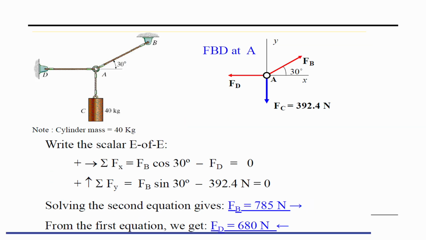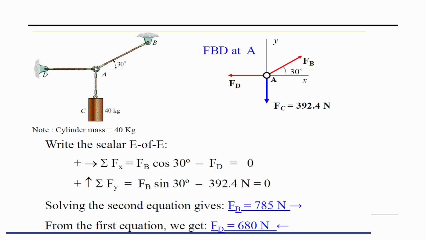So in this case, we have the first equation of equilibrium, that the sum of forces in x direction is equal to 0. And we have only the force from A to B, or a rope, which is FB times cosine of 30. And we have a force from A to D, which is minus FD is equal to 0.